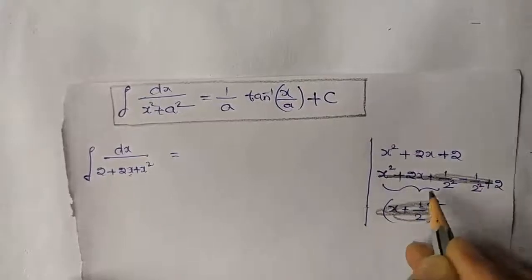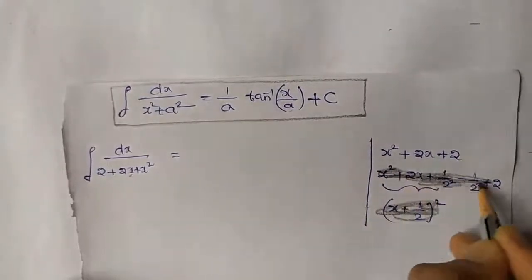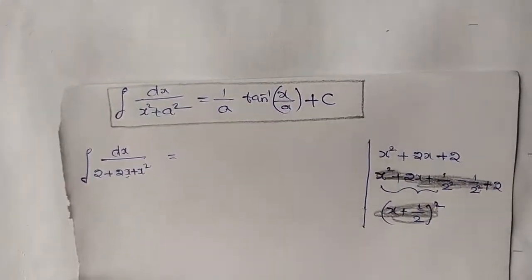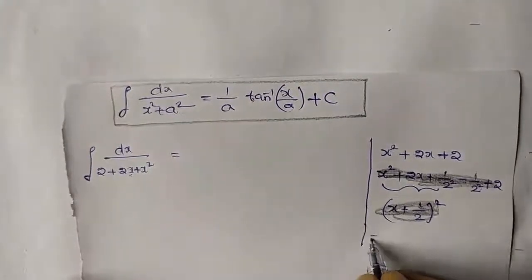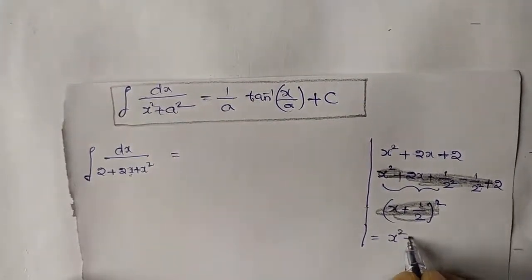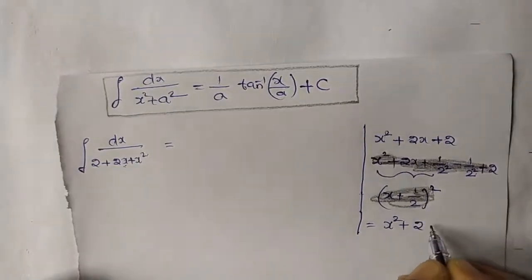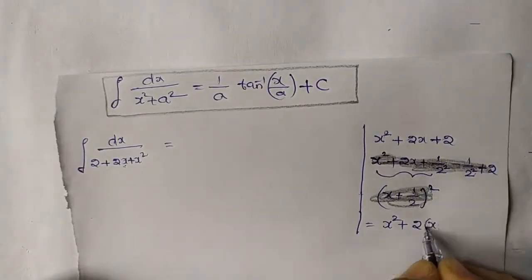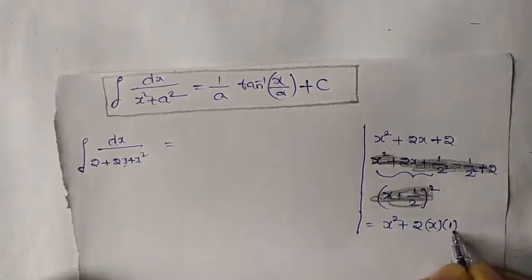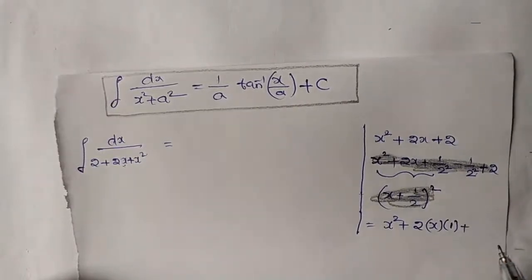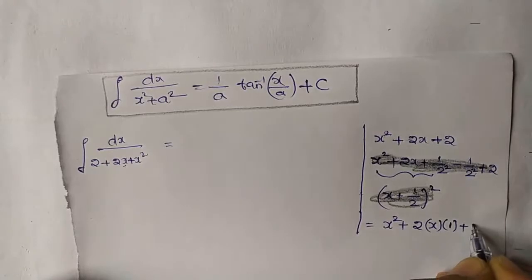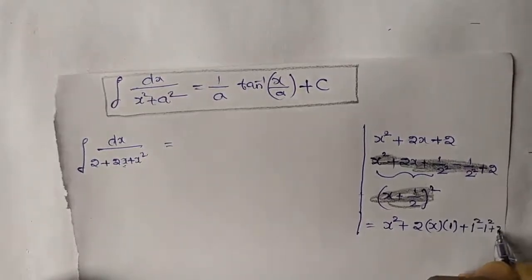That 1 by 2 square is not the exact one. So x square plus 2ab, in place of b we will take 1, plus b square is 1 square, minus 1 square plus 2.